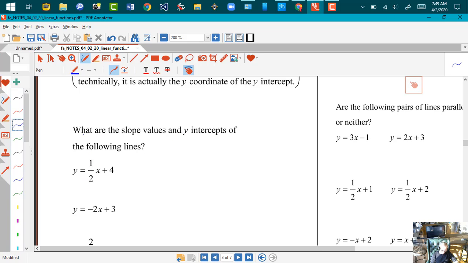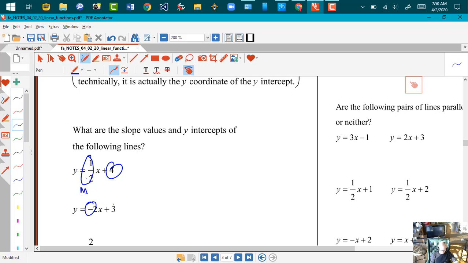So if you're looking at the equation of a line, and you want to pick out the slope and the intercept, the slope is the coefficient of x, and the intercept, even though it's the y-coordinate of the point, typically is just considered to be the number itself. So this one would be slope of 1/2, intercept of 4.